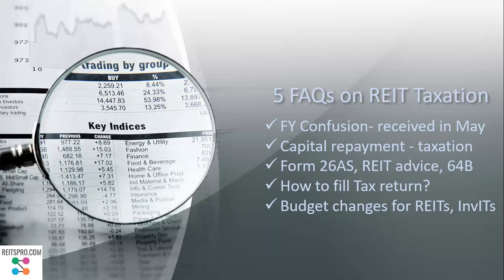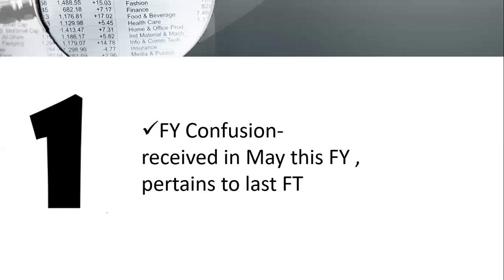The third is the Form 26AS, the REIT advice that the REIT gives you, and the 64B forms, how they are different and what they do. Fourthly, how to fill the tax return step by step. And fifthly, the budget changes for REITs and InvITs, which just happened on 23rd of July 2024. So we'll go on with these 5 FAQs, starting with the first one, the financial year confusion.